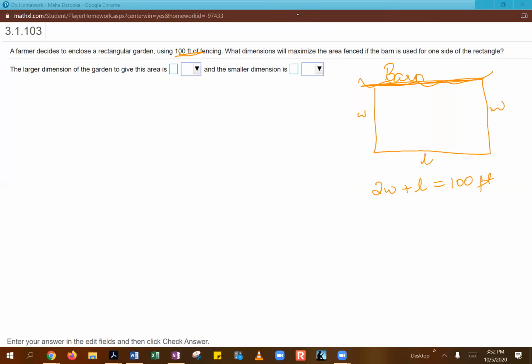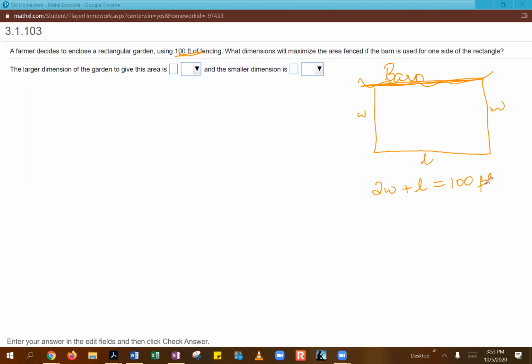Okay, so basically, this is going to be a formula, and it is the same thing you will be doing in that previous example with the garden being broken down in the middle by halfway. So take the two widths, take the length, add them together. Now, the idea is you either want to get the W by itself or the length by itself, it doesn't matter. In our example, the length will be easier.